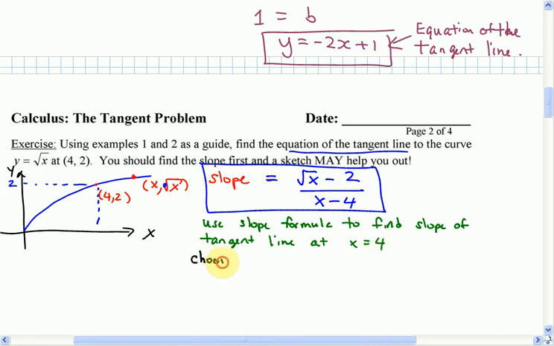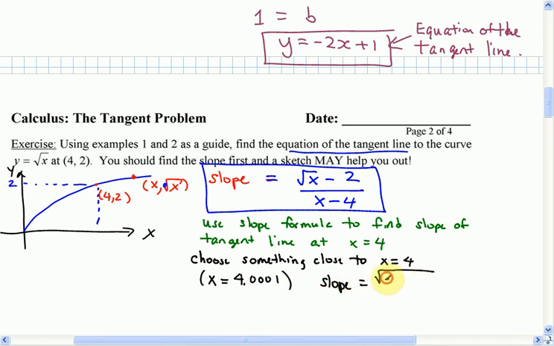So choose something close to x equals to 4. So somebody back there said 4.0001. Okay. Calculate, please.